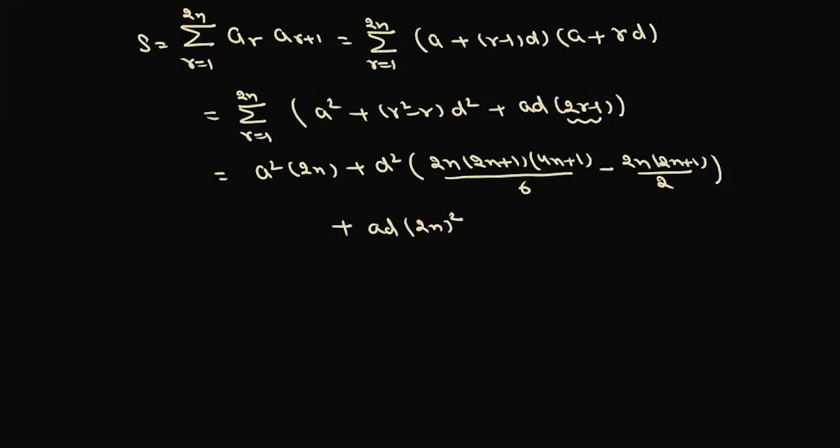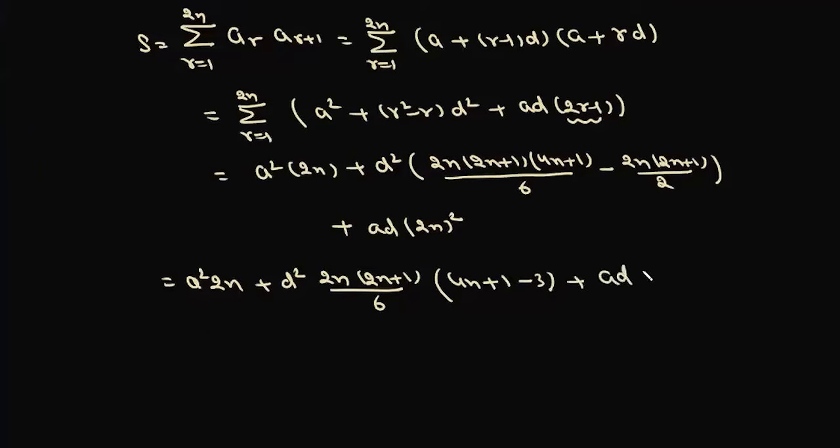We can write this as a square into 2n plus d square, and here we will take 2n into (2n plus 1) by 6 common, then we get (4n plus 1) minus 3, and plus ad into 2n square. Now we'll substitute the value of d, and we know that d is (b minus a) upon 2n.